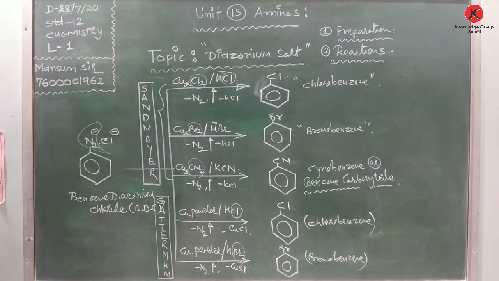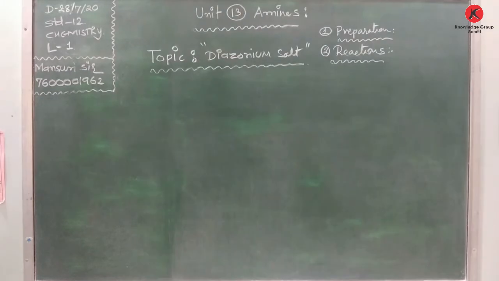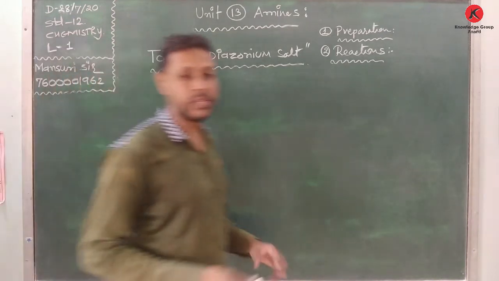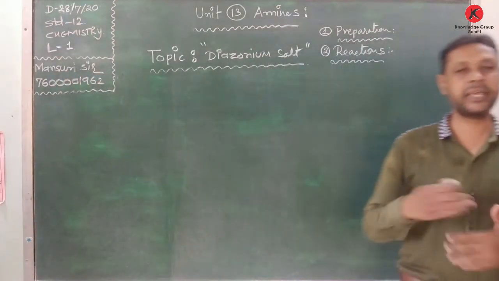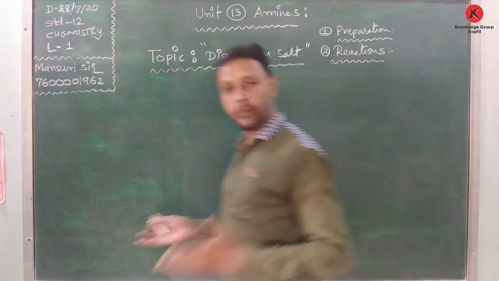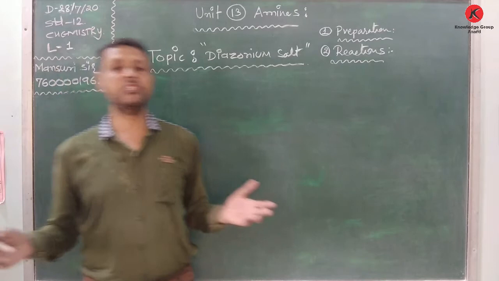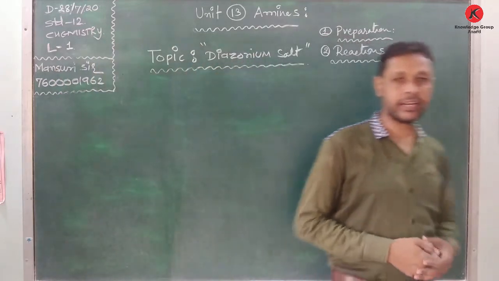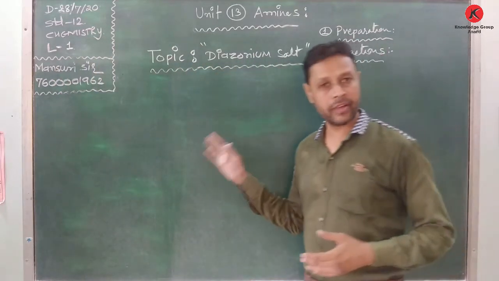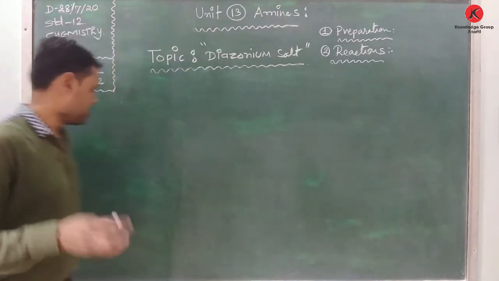Okay. Thereafter, benzene diazonium chloride reacts with hypophosphorus acid as well as ethanol, as well as H2SO4, right? Now these types of variations will be carried out.